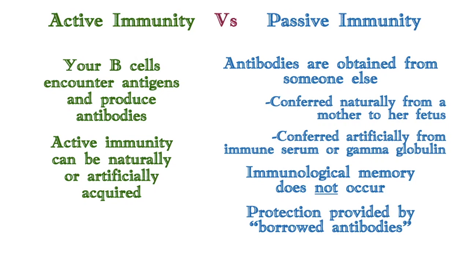Then we have passive. Passive immunity is when the antibodies are obtained from someone else. So your body did not produce them. This can be generated or passed on by the mother to the child. This can be artificially transferred to your body through an immune serum. So the focus here is for passive immunity, they do not have a memory.